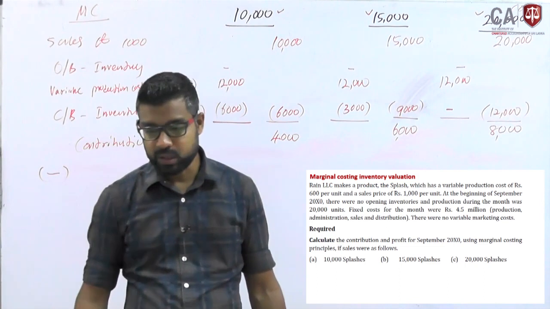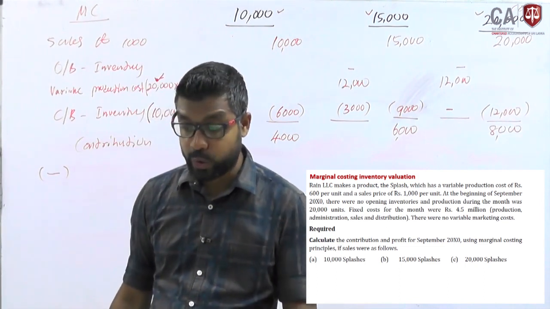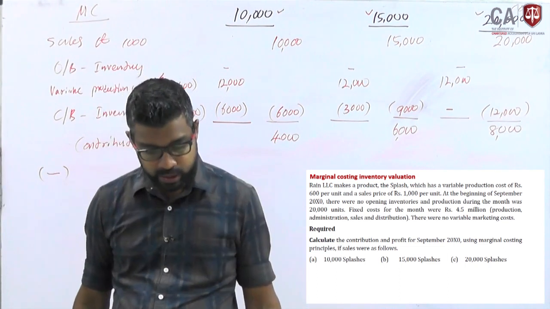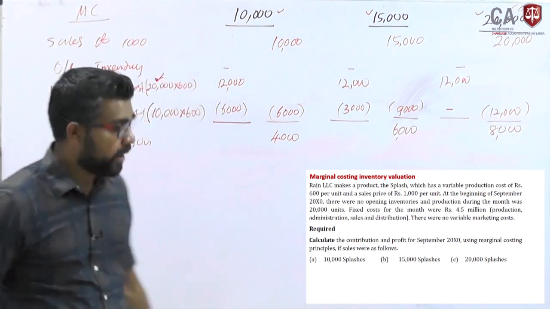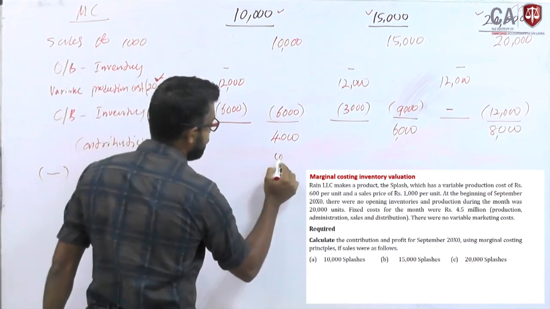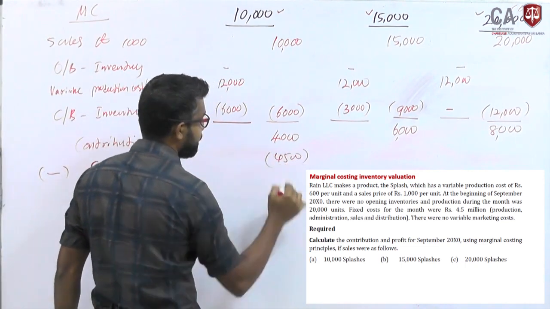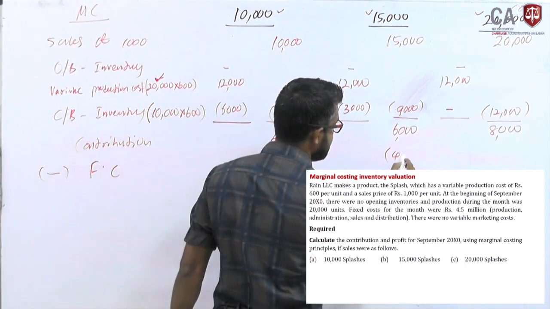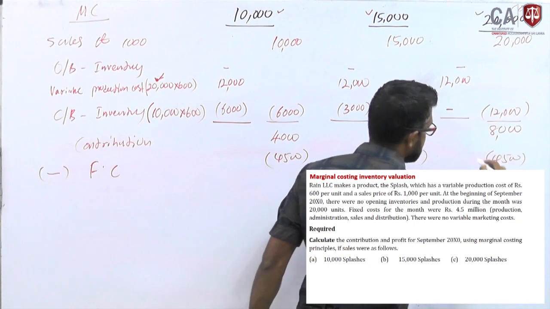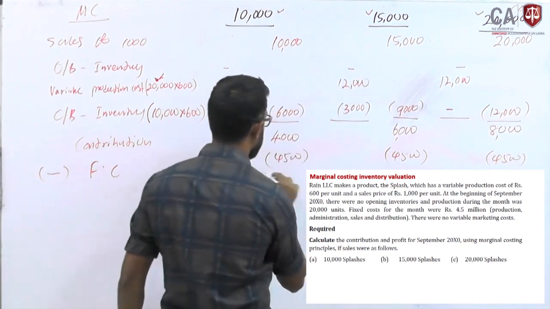From contribution, in marginal costing, we consider fixed production cost as a periodic cost. How much is the fixed cost? Fixed cost including production cost, administration cost, sales and distribution all together, 4.5 million, 4,500.